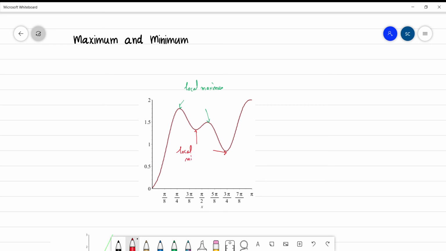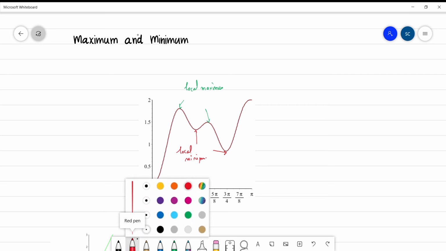It's local, because, for example, here we still have a higher value; we don't have the whole global graph of our function, so maybe there are other points that are higher or smaller. Here, for example, f takes a smaller value compared to this one.